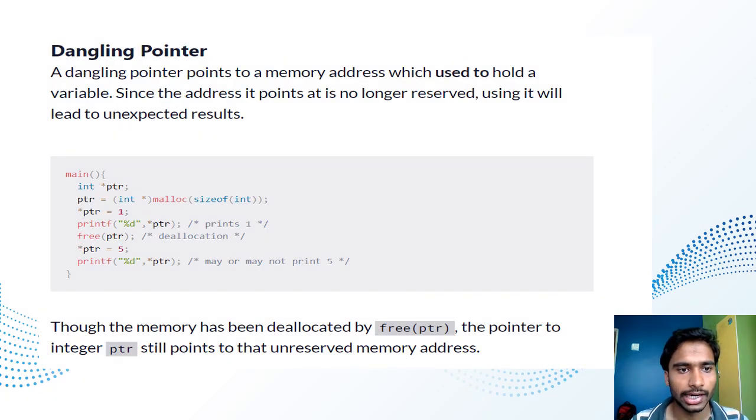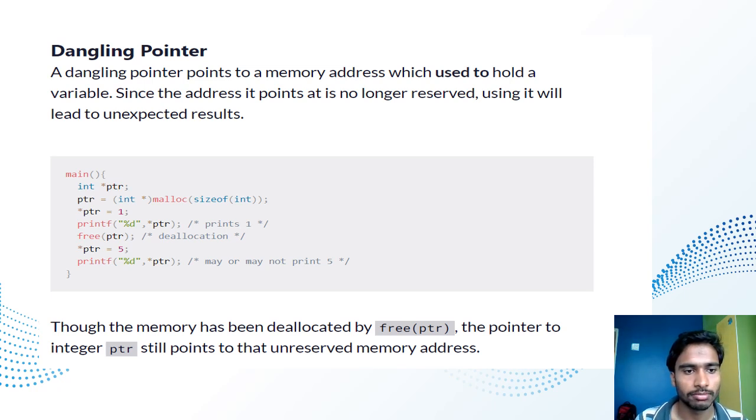Dangling pointer. A dangling pointer points to a memory address which used to hold a variable. Since the address it points at is no longer reserved, using it will lead to unexpected results.